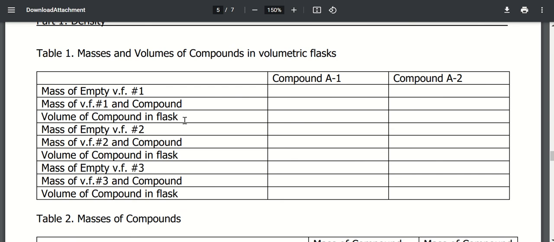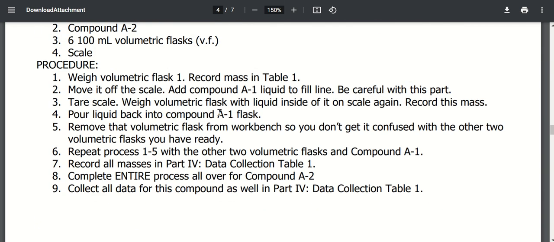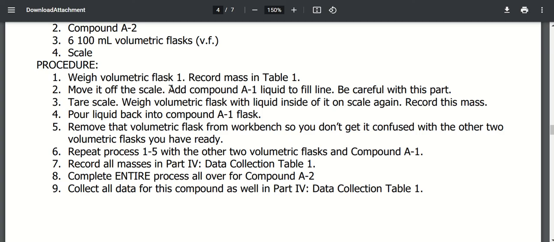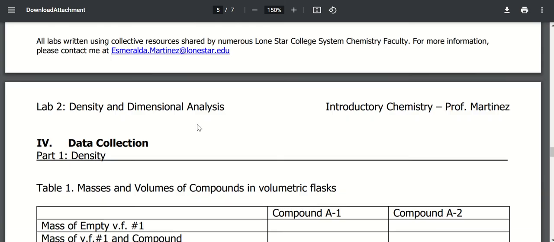I'm not sure why. Maybe students think I'm asking a trick question. No, it's not a trick question. So the volumetric flask, it'll tell you how much you're adding in. So however much you added up to that line is the volume. So it's not a trick question. Very straightforward. Just record the volume.